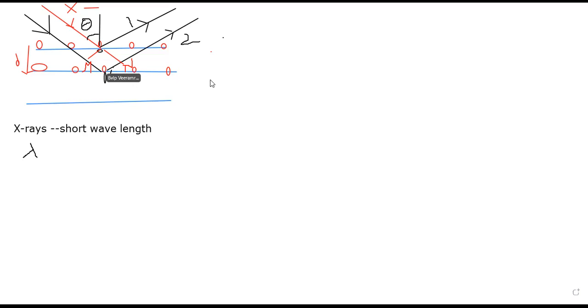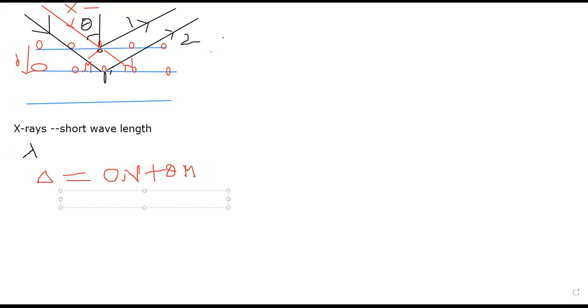OM is the extra distance traveled by the incident ray. Next, the scattered second X-ray again travels an extra distance ON inside the crystal lattice. So the path difference between these two is delta, which equals ON plus OM. This is the path difference.